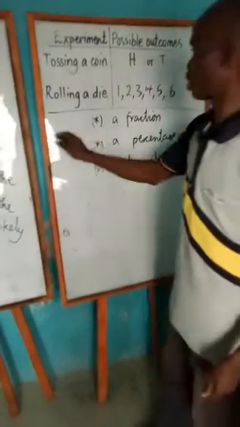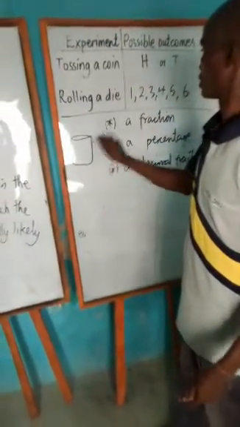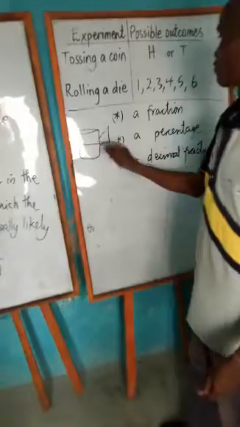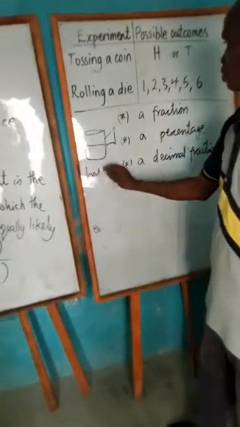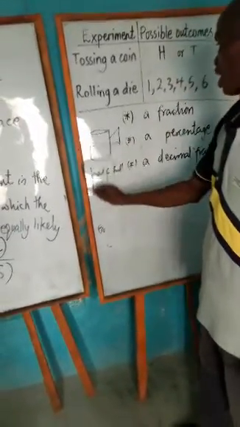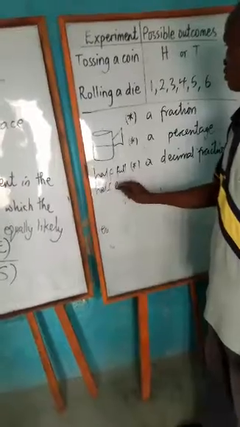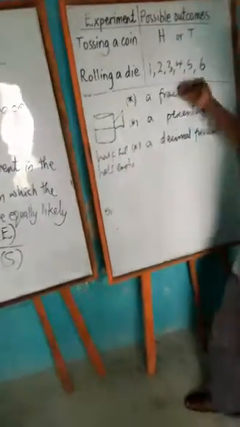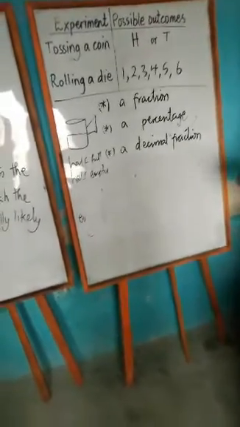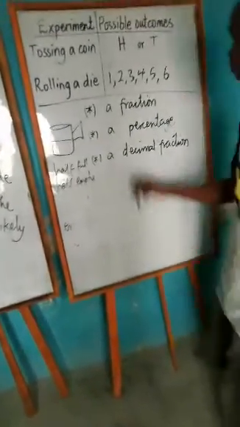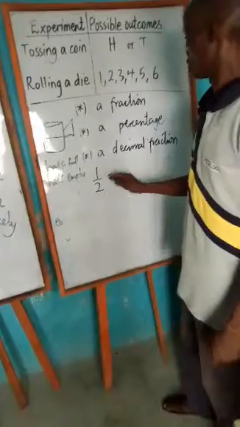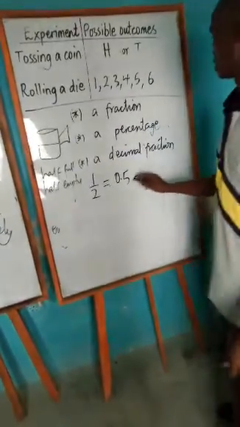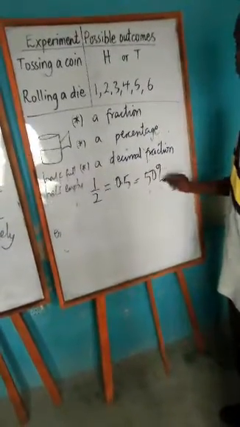It's like saying a cup is half full, or half empty. Half full, they are saying the same thing. So whether a fraction or a percentage or a decimal fraction, they are equivalent expressions. They are the same. For example, 1 over 2 is the same thing as 0.5, the same thing as 50%.